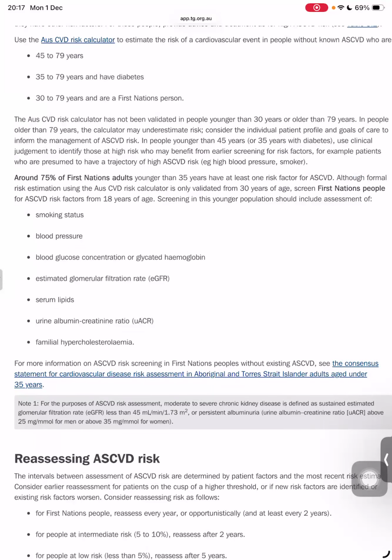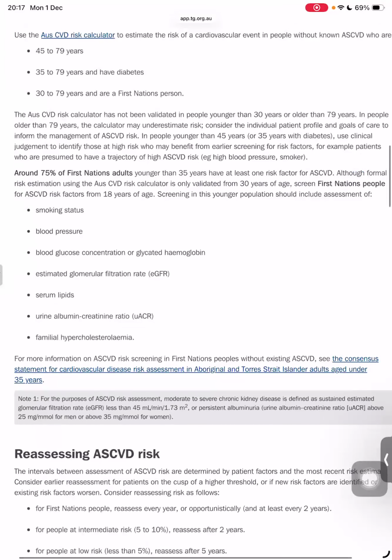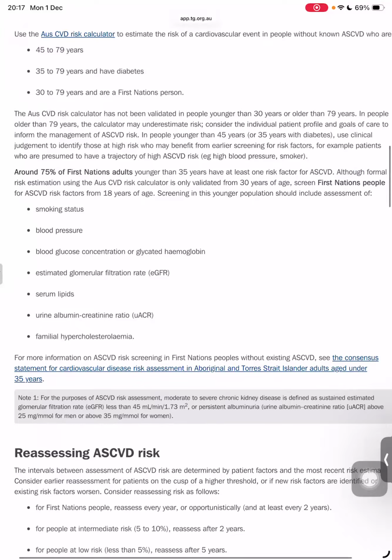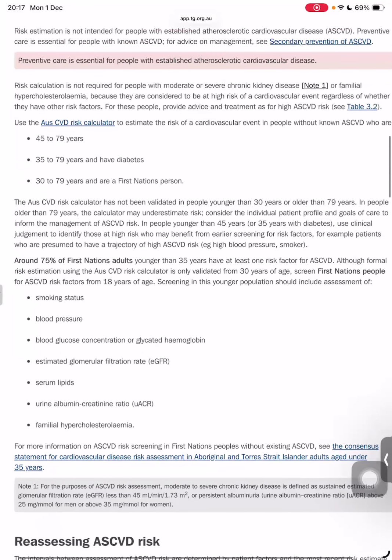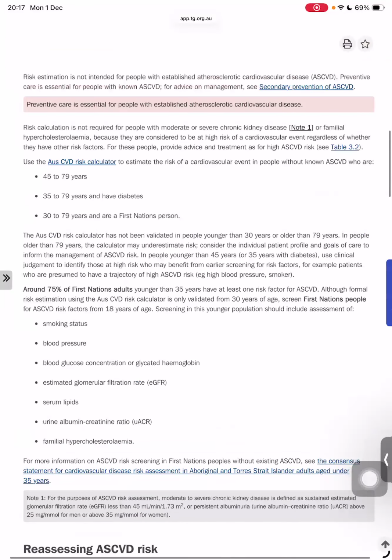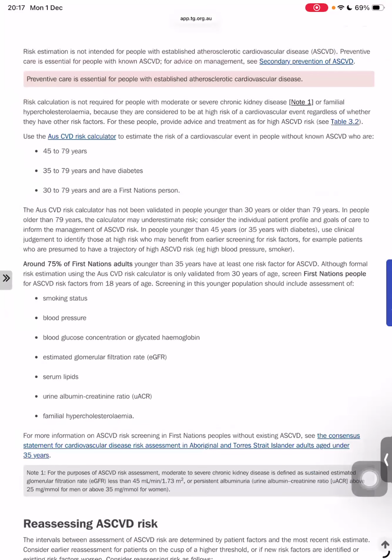Not the cardiovascular risk assessment; we have to assess their individual risk factors. That's what they mention here. So now we know why we should assess these patients and how we should assess them, with the cardiovascular risk assessment tool.